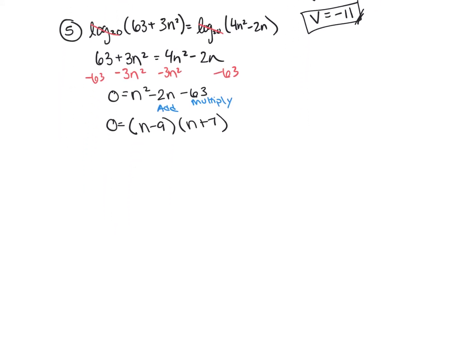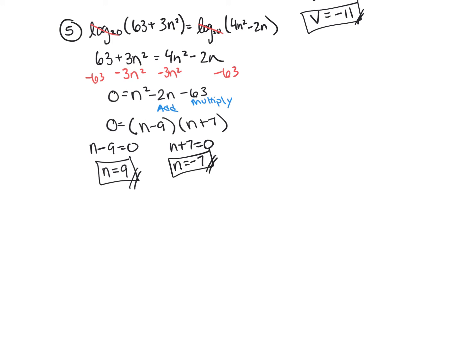I'm going to set both of these factors equal to 0 and solve. So we'll have n minus 9 is equal to 0, and n plus 7 is equal to 0. When I solve for each of these, on the one on the left, I'll add 9 to both sides and get n is equal to 9. On the one on the right, I'll subtract 7 on both sides and get n is equal to negative 7.